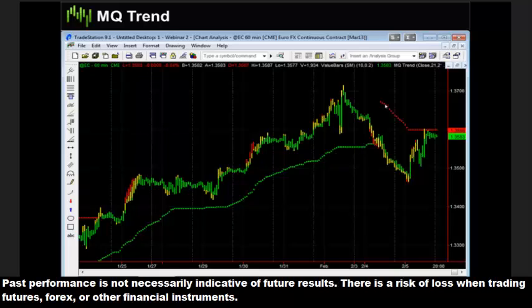Sometimes you're in consolidation modes where you see a rotation of the red dots and green dots, getting whipsawed a little bit, and that happens with any type of trend filter. But in general, if you do start to see a trending period, then this could serve as a filter that might help you determine what side of the market you want to trade from.